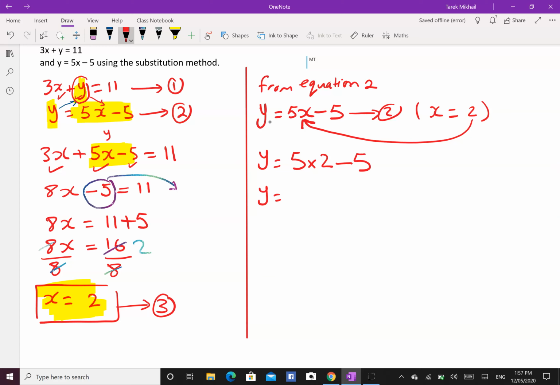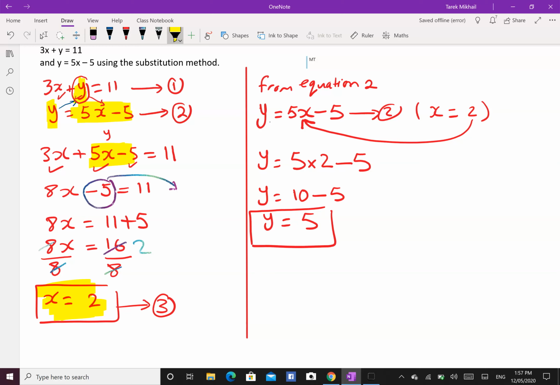You do the multiplication first because of the order of operations. So 5 times 2 is 10, minus 5. So y equals 5.